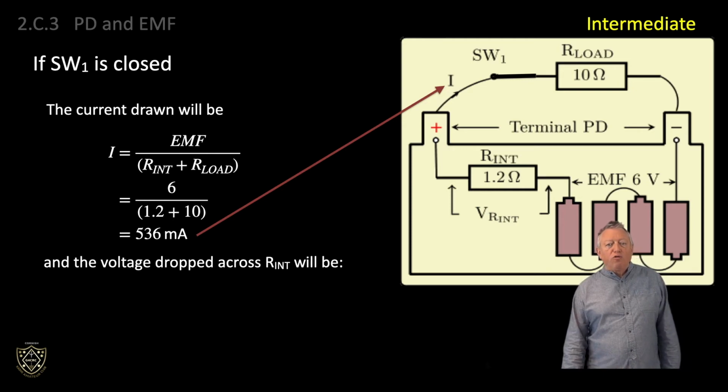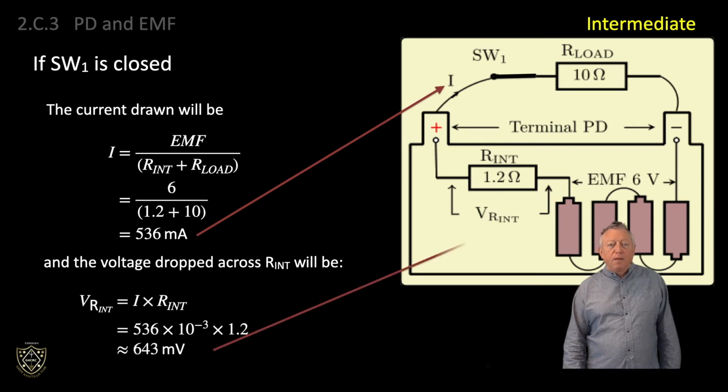And the voltage dropped across Rint will be Vrint equals I times Rint, which equals 536 times 10 to the minus 3 times 1.2, and is approximately equal to 643 millivolts.